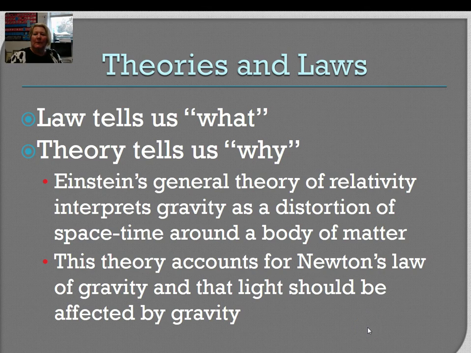So your textbook likes to say that laws tell us what, while theories tell us why. I prefer to put it as theories are usually more than one idea and encompass several ideas, whereas a law is oftentimes just simply stated as a mathematical formula, such as Newton's law of gravity.